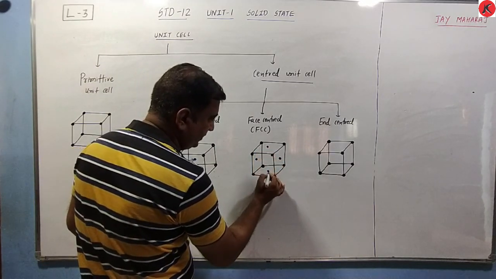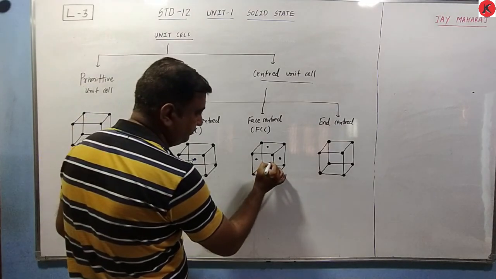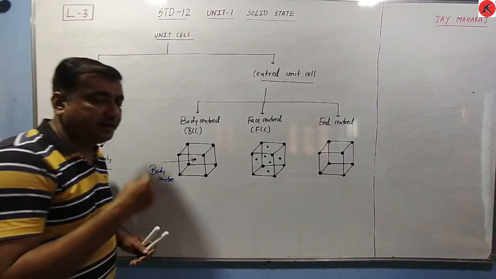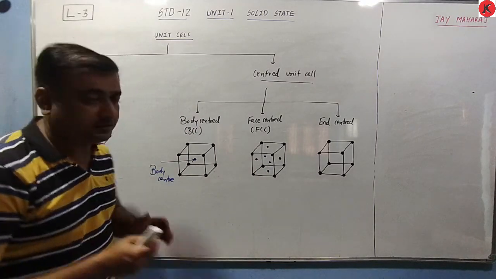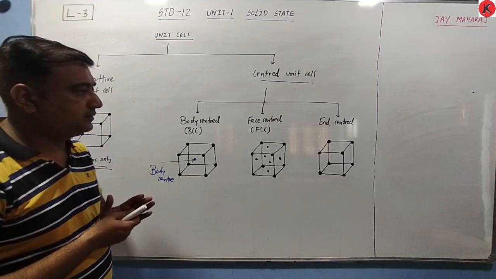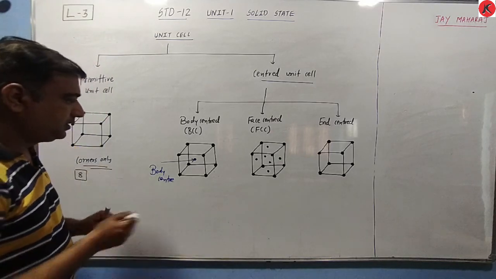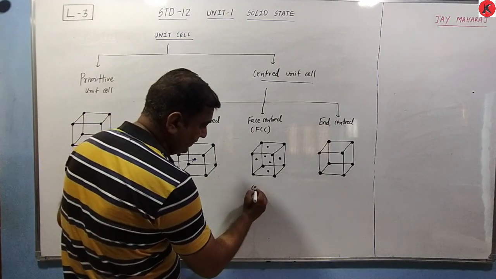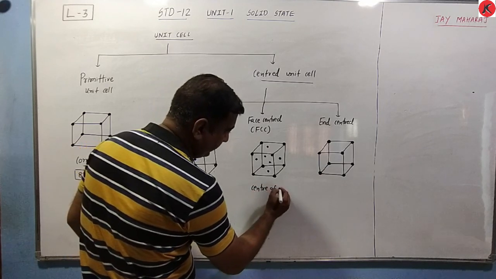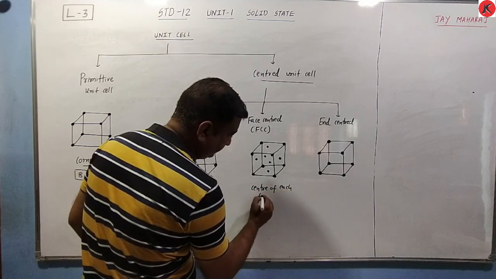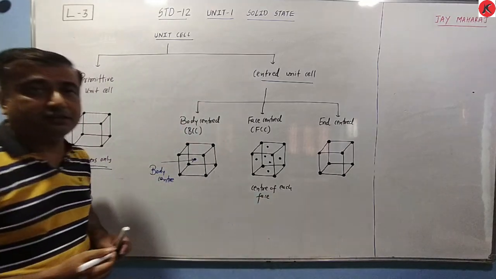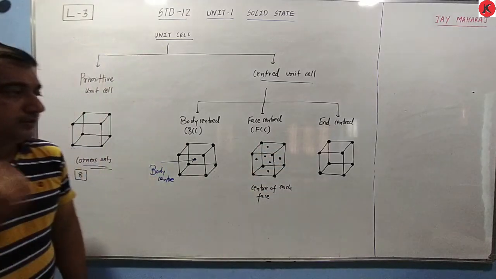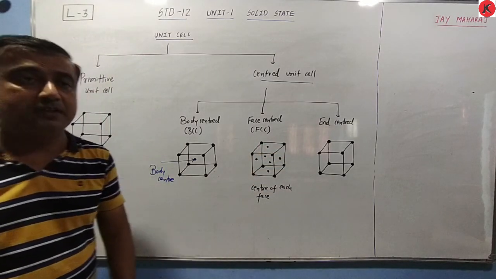Additional constituent particles are present at the center of each face. So corners plus the center of each face, that means lattice points are 8 plus 6: 8 corners plus 6 at the center of each face.